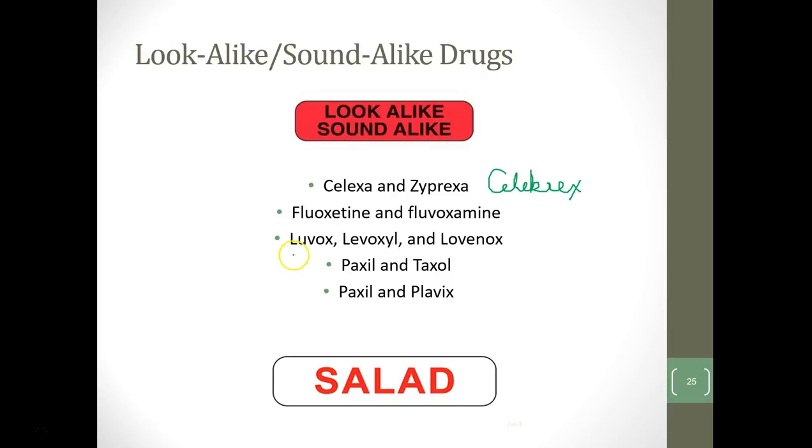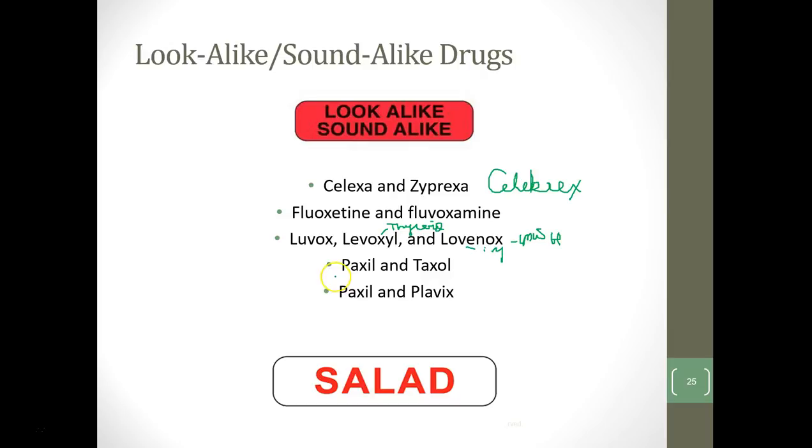And then we have brand names. Luvox can sound like Lavoxil, which is a drug that's used for thyroid, or Lovenox, which is a low molecular weight heparin. So that's a blood thinner, and it's given by injection.